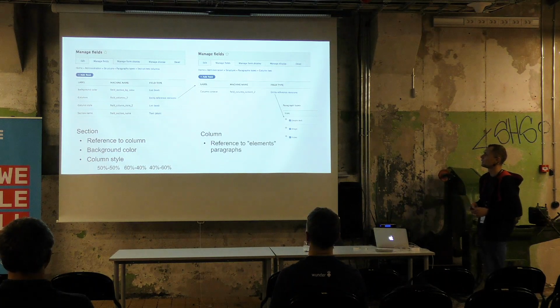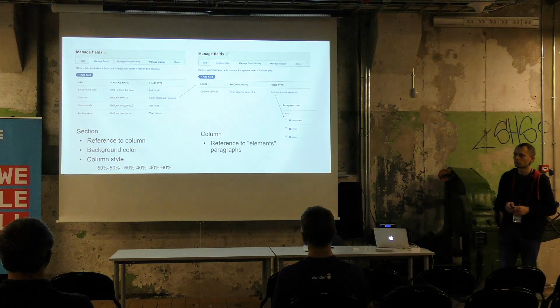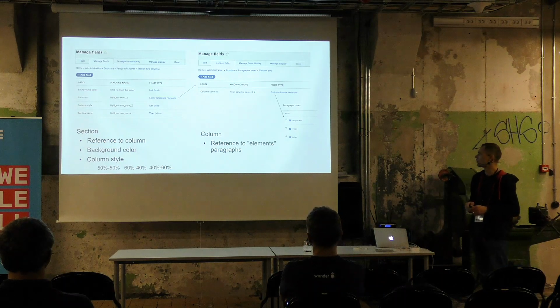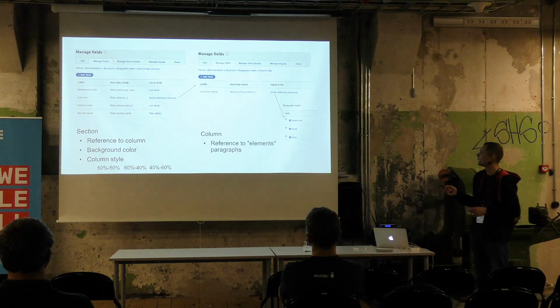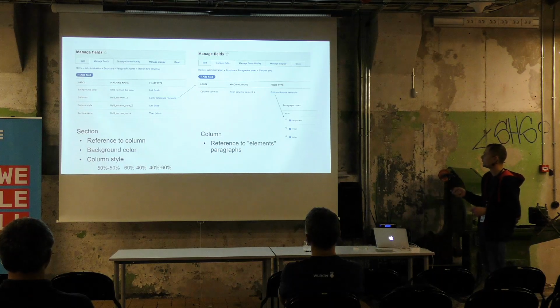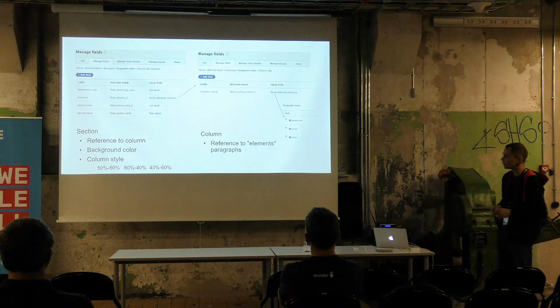Column style basically means the width of columns within the particular section. Column paragraph type has just one field, which is a reference to other types, such as simple text, image, video, but there could be actually much more.